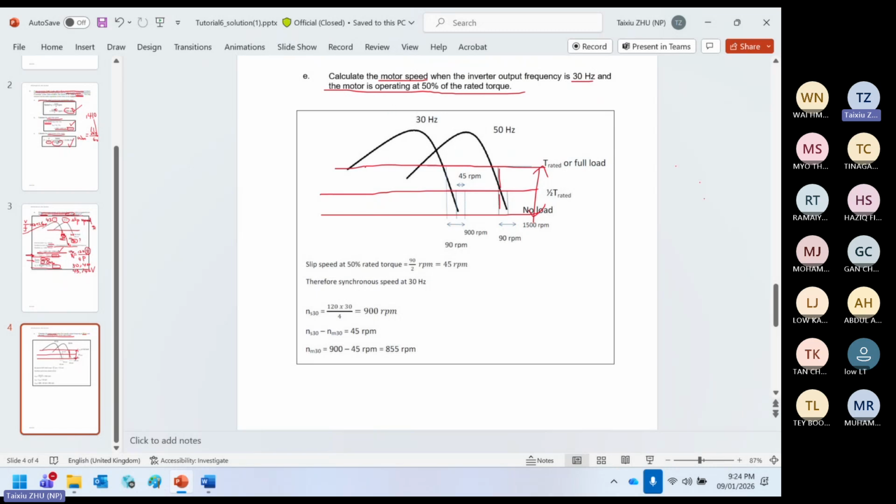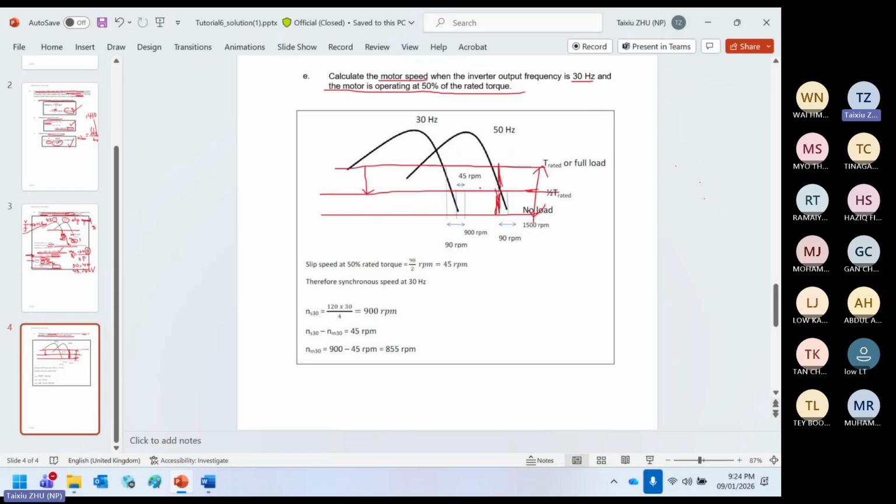The torque has been halved. So the new torque is here. So basically from here to here is equal, because half, this and this is equal. Then based on this, they ask you to calculate the motor speed when the inverter frequency is 30 hertz. That means 30 hertz is something like this.